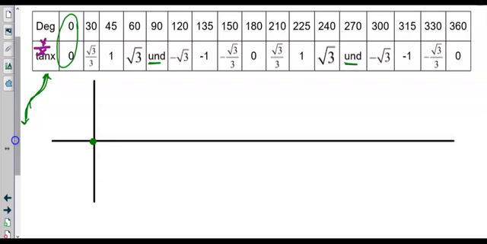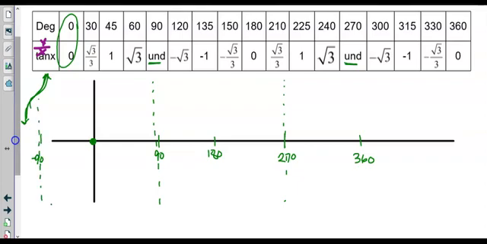So your asymptotes are going to happen at 90 degrees and what was the other one? 270 degrees. I'm going to throw a 180 degrees in there and then a 360. So your asymptotes are here. And then there's going to be another one at -90 if we want to throw that one in as well.